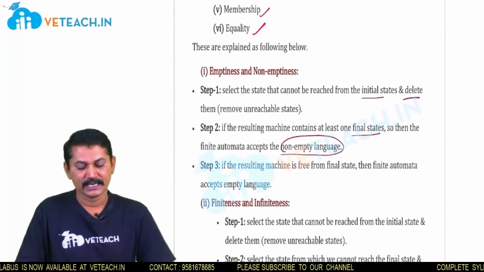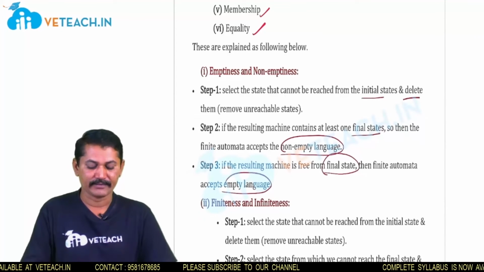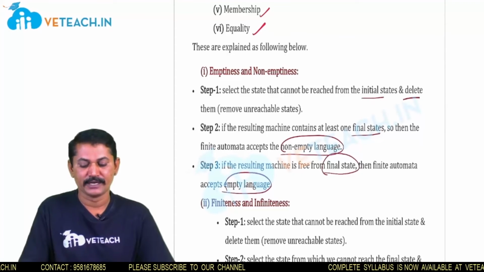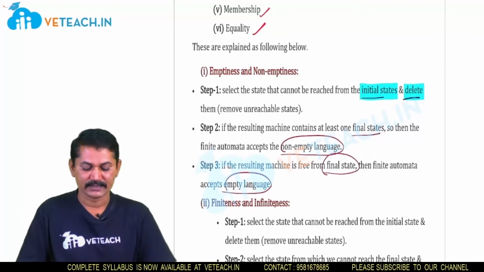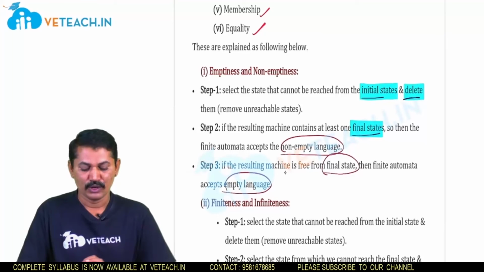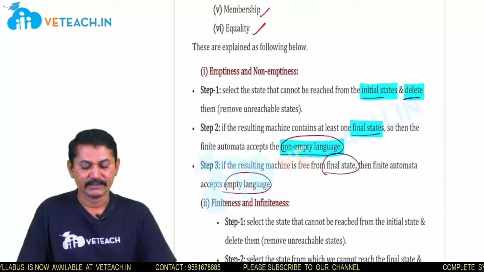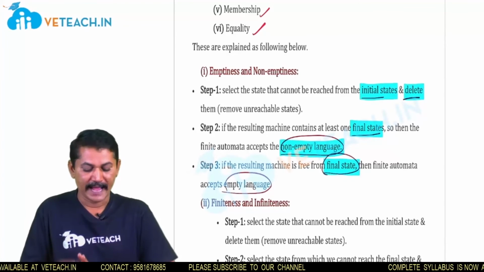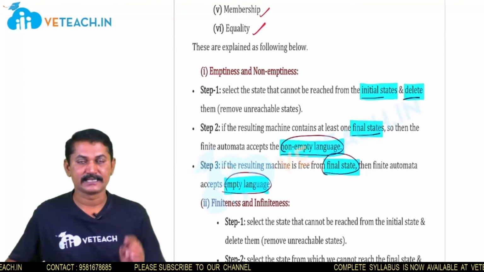Third, if the resulting machine is free from final states, then the finite automaton accepts the empty language. So consider these three points.